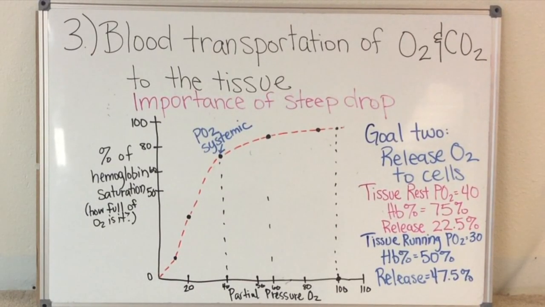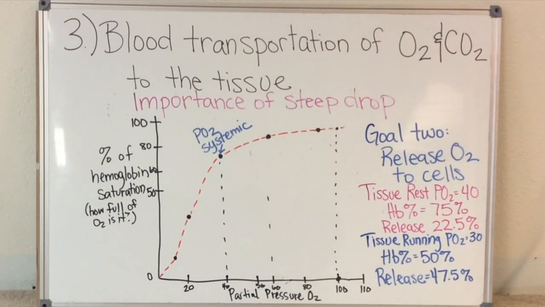Because we are running, our tissue is using more oxygen, and it will therefore drop the partial pressure in that area. Here we see only a 10 millimeter drop of partial pressure of oxygen, from 40 to 30. This same drop in the pulmonary system on the plateau portion of the curve resulted in only a 2.5% drop of oxygen saturation.